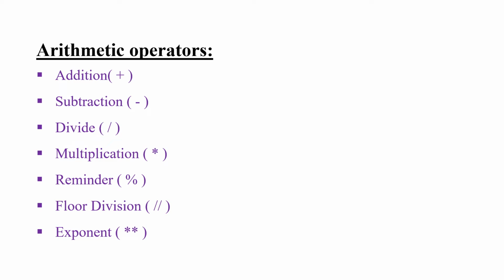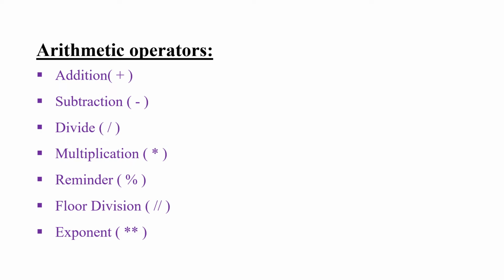Next, floor division. It gives the floor value of the quotient produced by dividing the two operands. If we use the divide operator, we'll get the output in decimal points. If we use this floor division operator, we'll get the output in integer values. We won't get decimal points in the result.